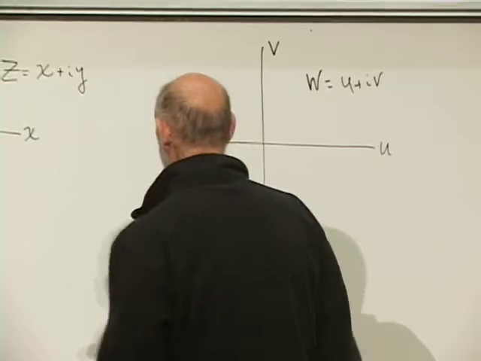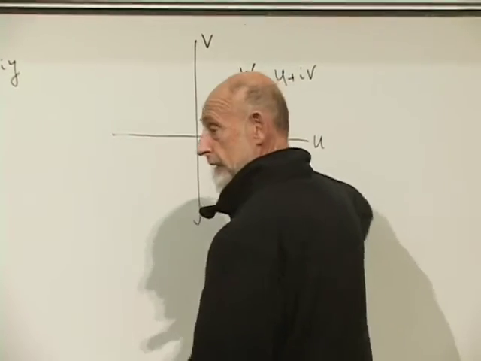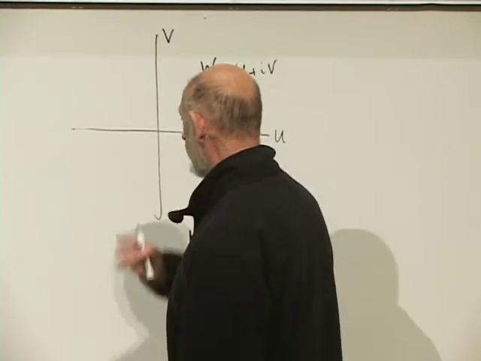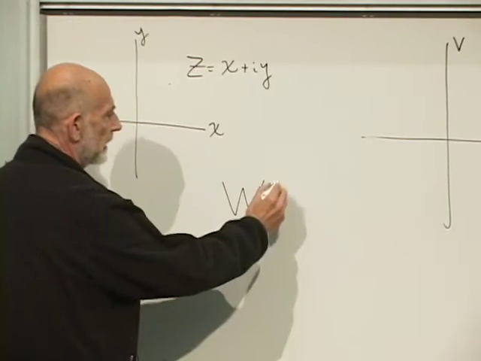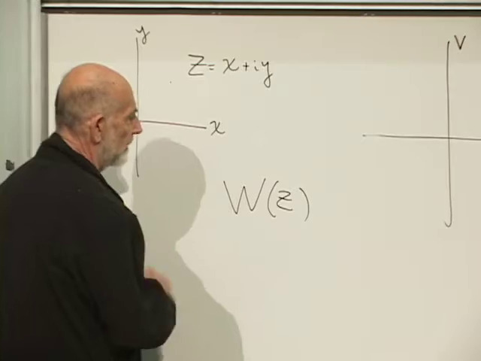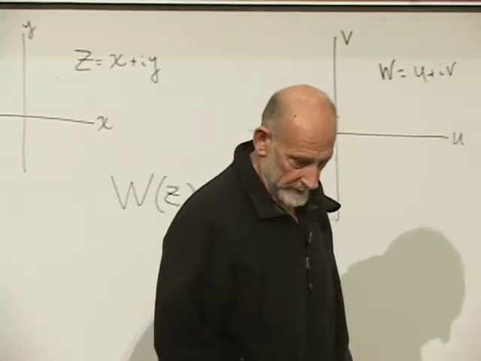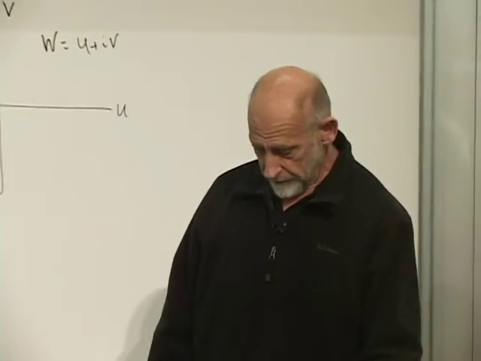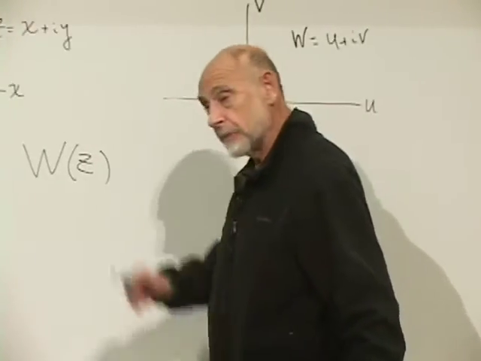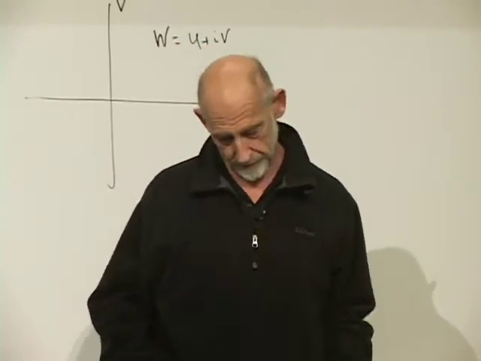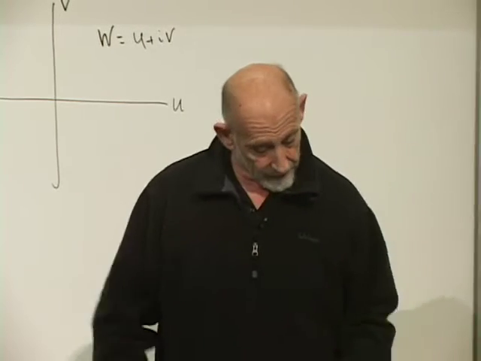But for today I'm going to think of w as a function of z. Given a point z on the complex plane, it uniquely picks out a point w. These are complex functions. Both the argument of the function z and the function itself w are complex numbers. All right.